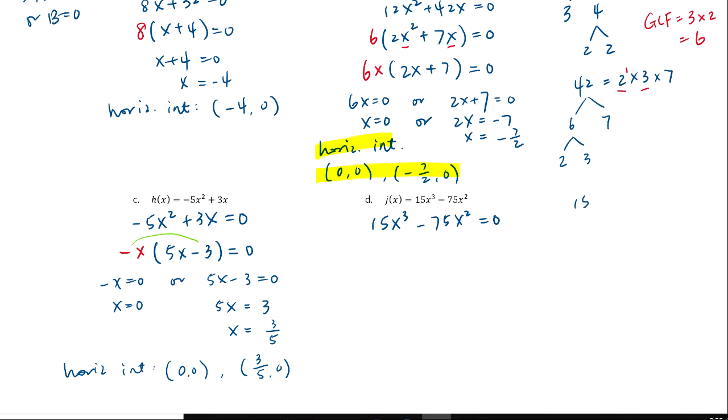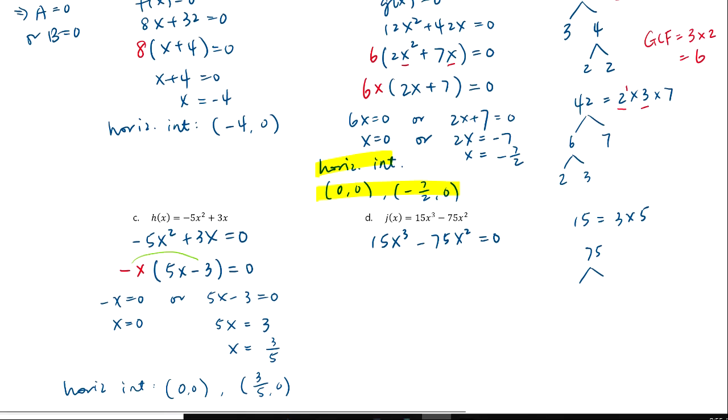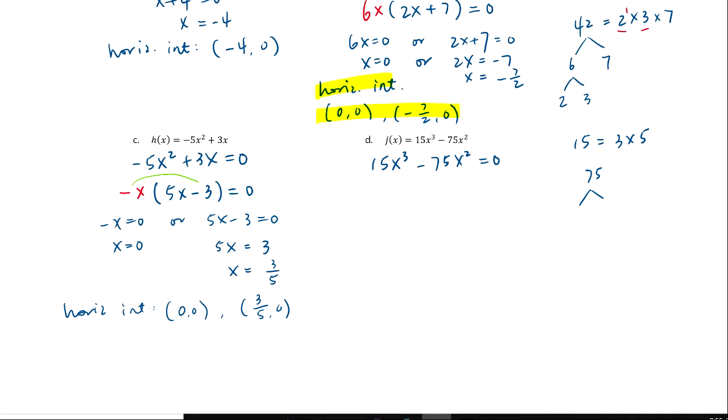And 15 we can see is just 3 times 5, and 75, if we look at it, there are multiple ways you can factor this. It's 5 times 15. If you notice that, you'll see 15 is a greatest common factor. But let's say if you didn't notice that right away and think this is 3 times 25, and then 25 can be broken apart to be 5 times 5, which gives us 3 times 5 squared.